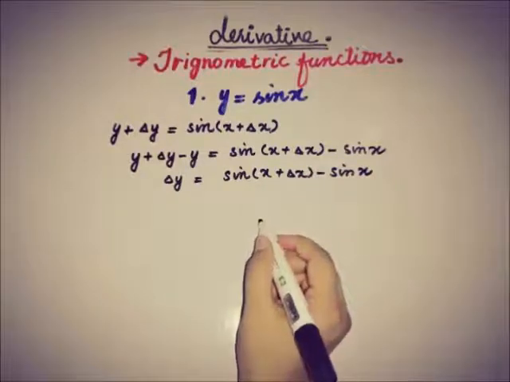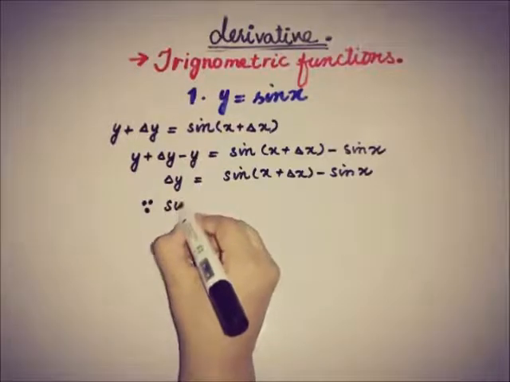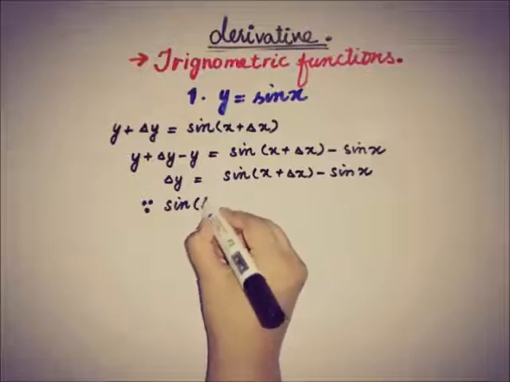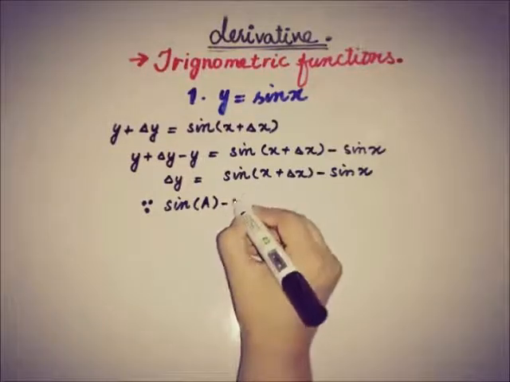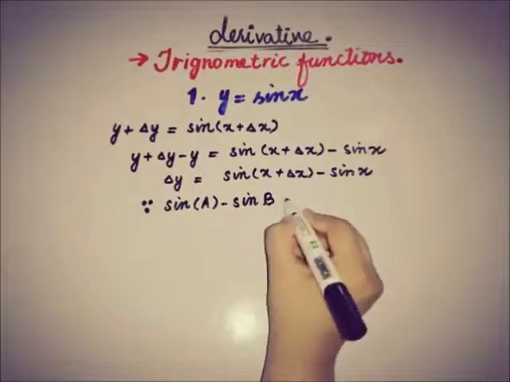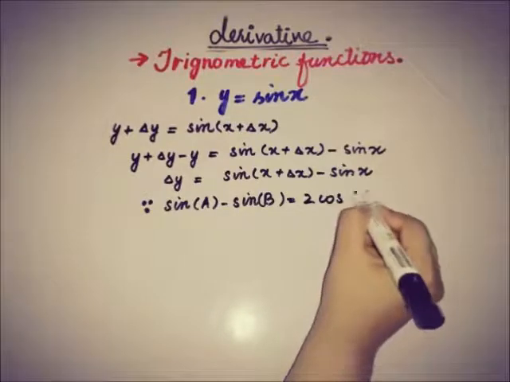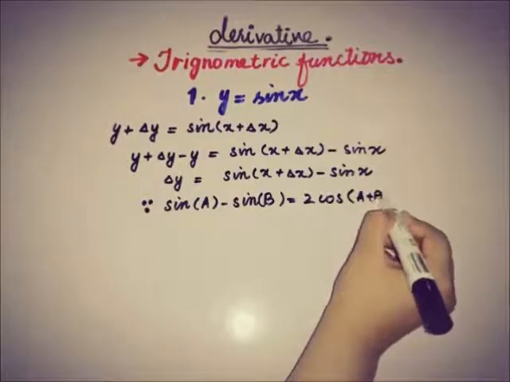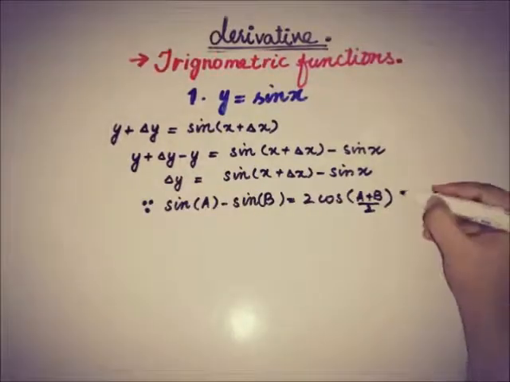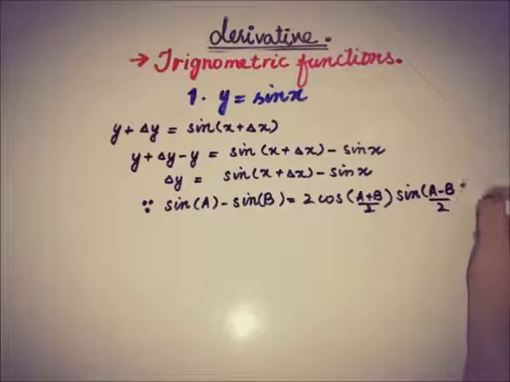Now we are well familiar with the formula that we know of this type, that sine A minus sine B is equal to 2 cos of (A plus B) over 2, and then the next term will be sine of (A minus B) by 2.